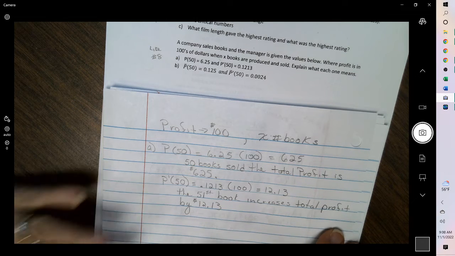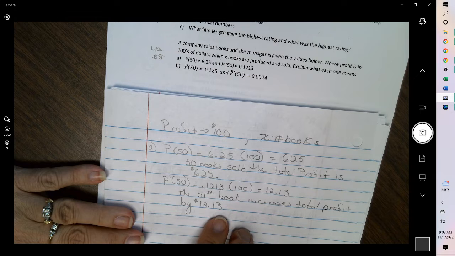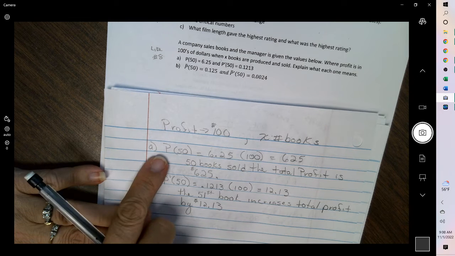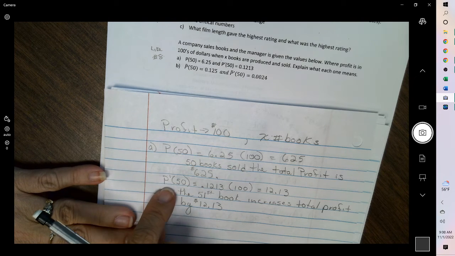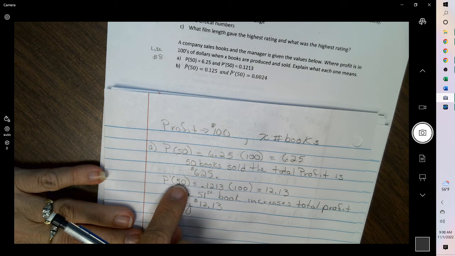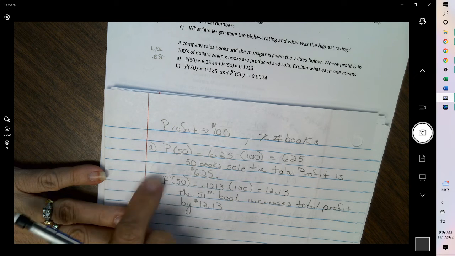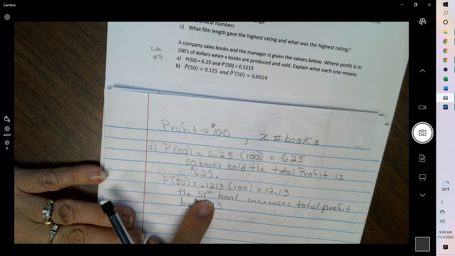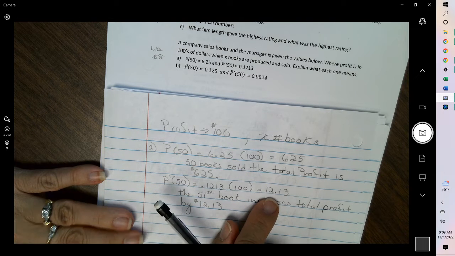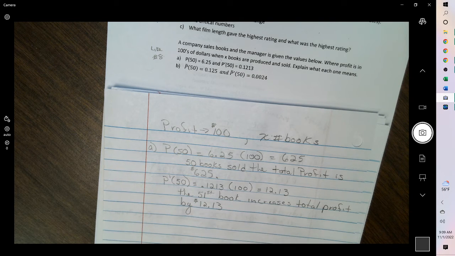So the total profit will increase by $12.13 because this is still the P of X, it's the derivative of it. So it tells you how it's changing at 50. We've already sold 50. If we sell the 51st book, it increases because it's positive by $12.13.